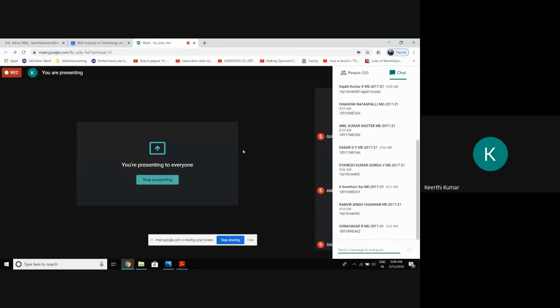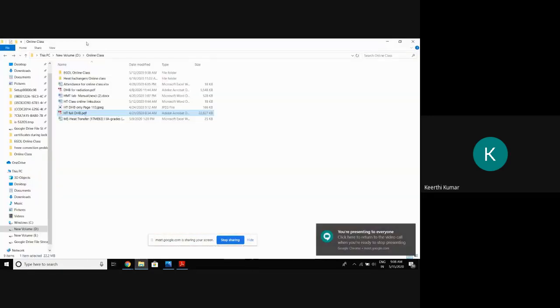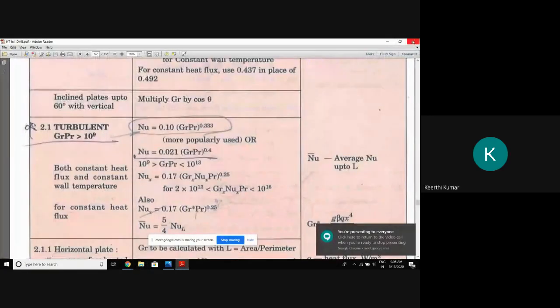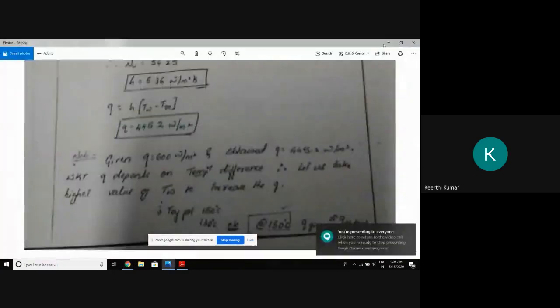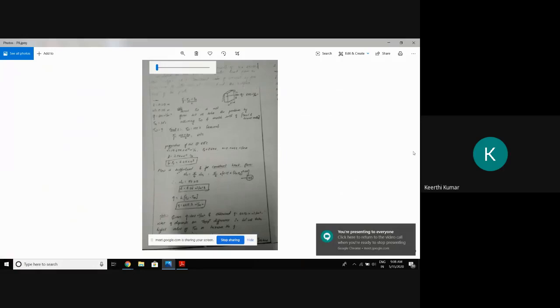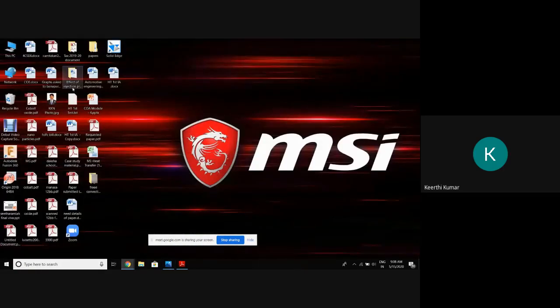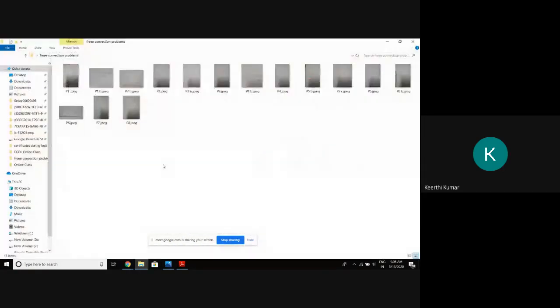Is there any issue with the natural convection problems? If anybody is having an issue with the natural convection problems, please let me know. I'll explain again any of the problems. By this, all the topics and concepts of natural convection are covered. If anybody is having a doubt in any of the problems, please ask me.